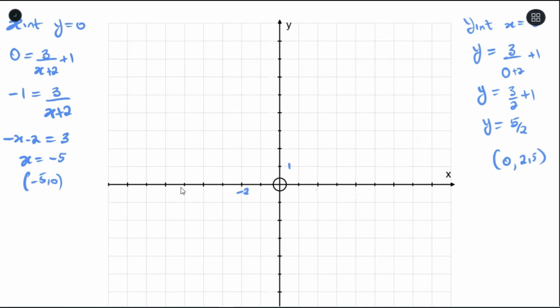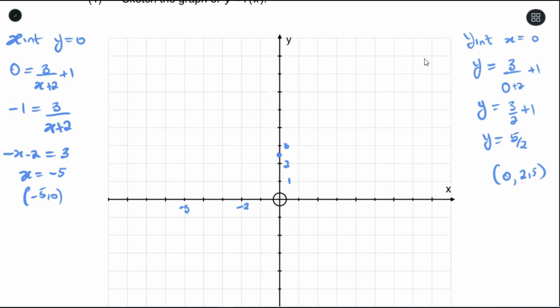Our x-intercept is -5, so there's 3, 4, 5, so this here is -5. We have our y-intercept as 2.5, so if this is 2, this is 3, in between there would be 2.5. Okay, and I think that is it.